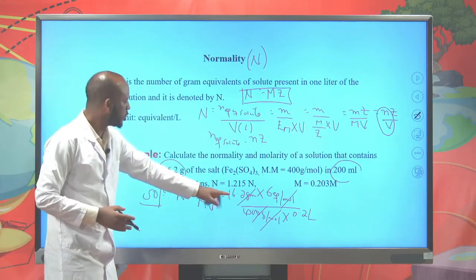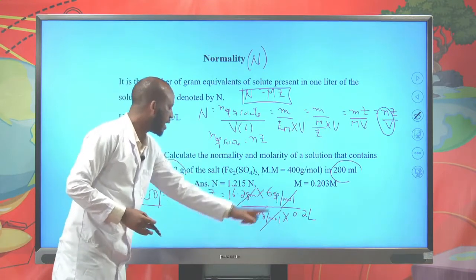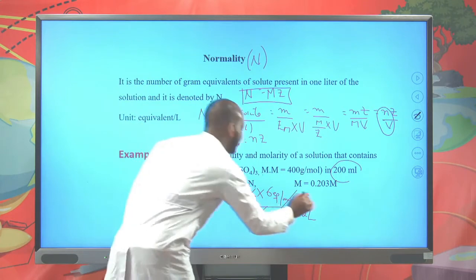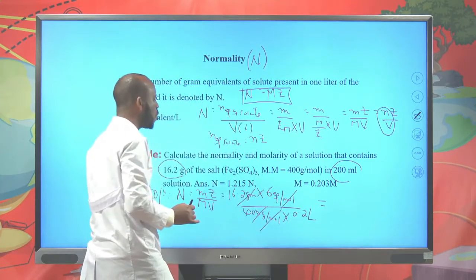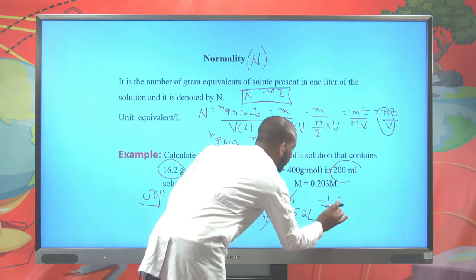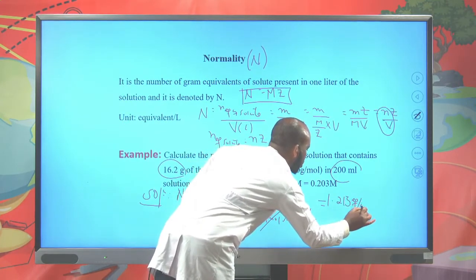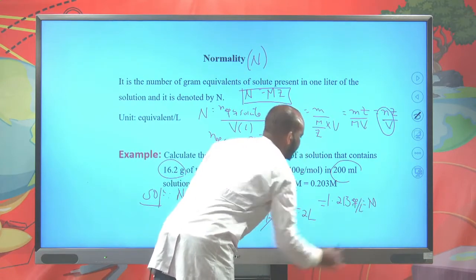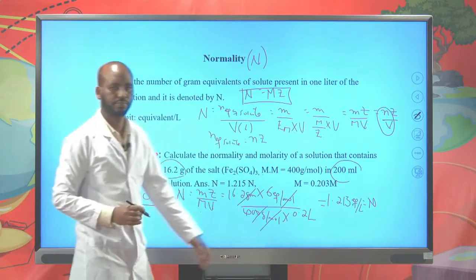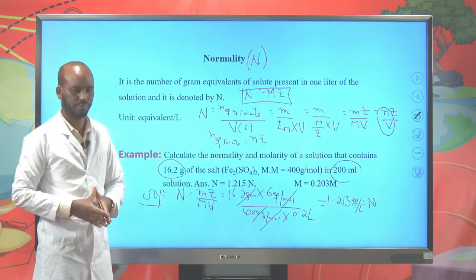Therefore, 16.2 times 6 equivalent divided by 400 times 0.2 liter is 1.215 equivalent per liter, which is 1.215 normal.